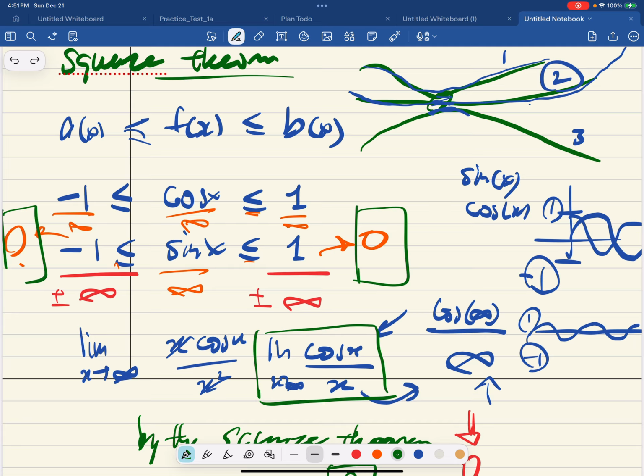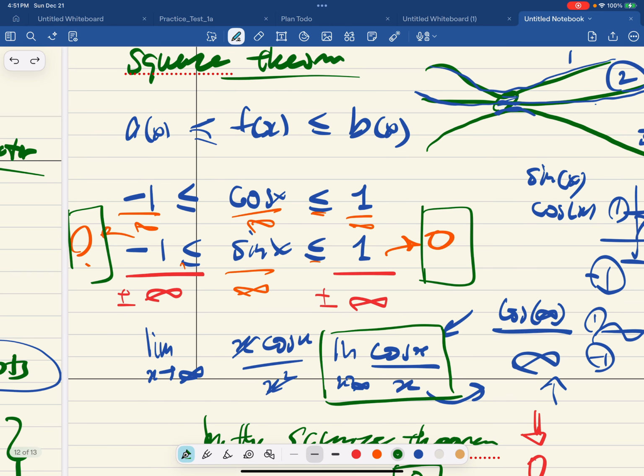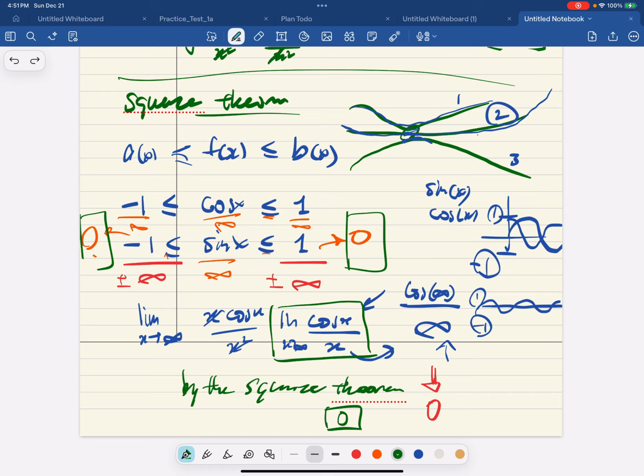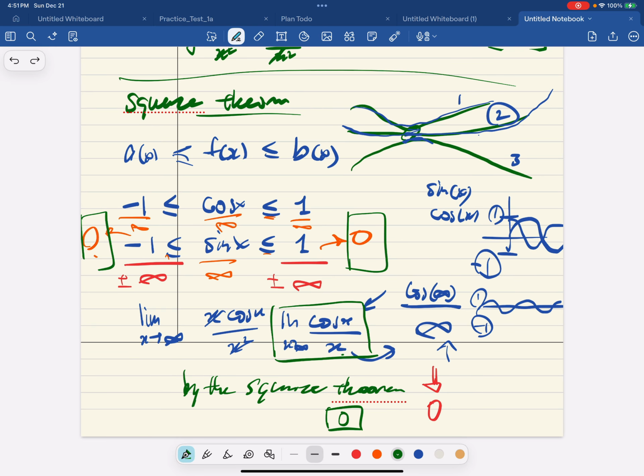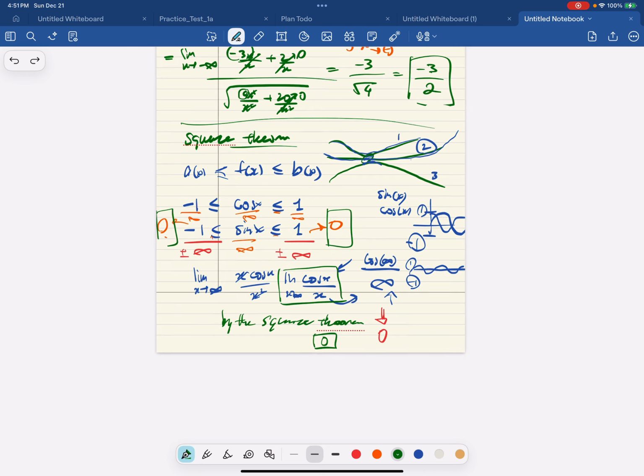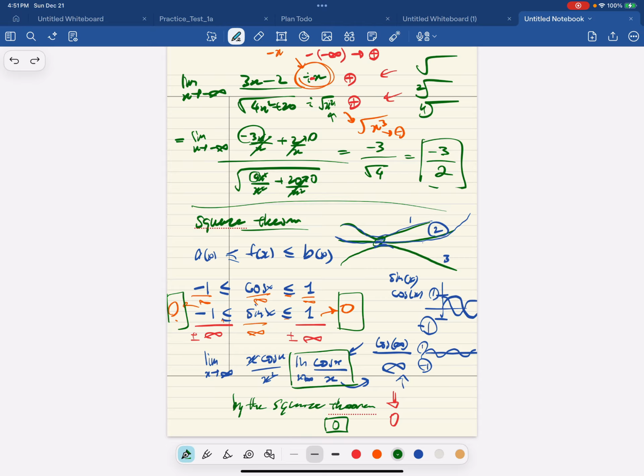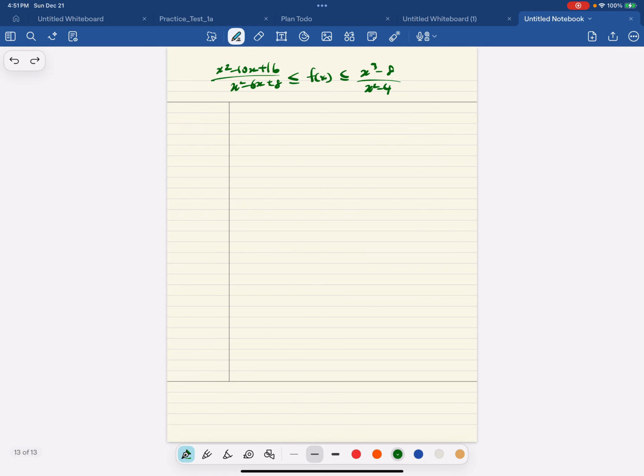It's cosine, and it's not approaching 0 like a sine x over x has to be. So then you're gonna use the squeeze theorem, because if you plug in x with the infinity, when you don't find a simplification method, you always want a direct substitution and plug it in to find the value. And here was -1 to 1.